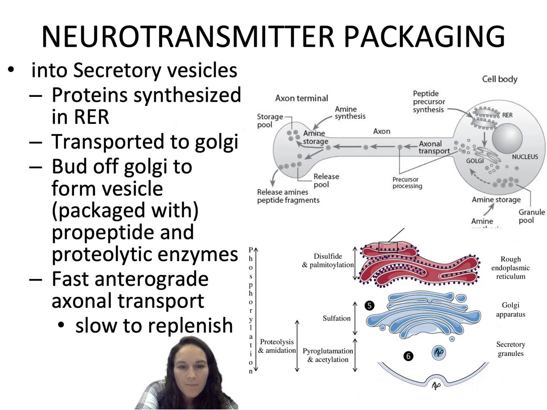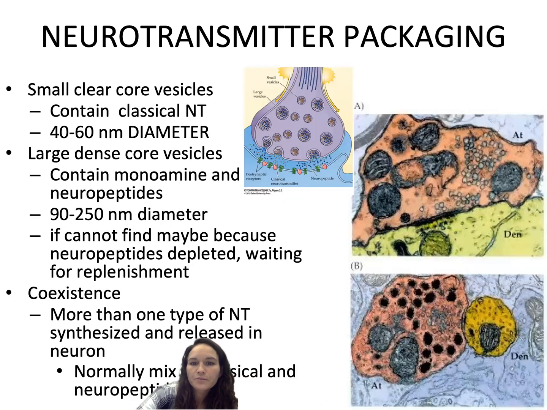So vesicles, after budding off the Golgi of the soma, will zoom down using fast axonal transport and get to the terminal to be released with increasing amounts of depolarization that come down the axon. These are slower to replenish for neuropeptides because we have to wait for the synthesis of more peptide at the level of the cell body. So it takes time, and we have to consider how far it has to move down the axon.